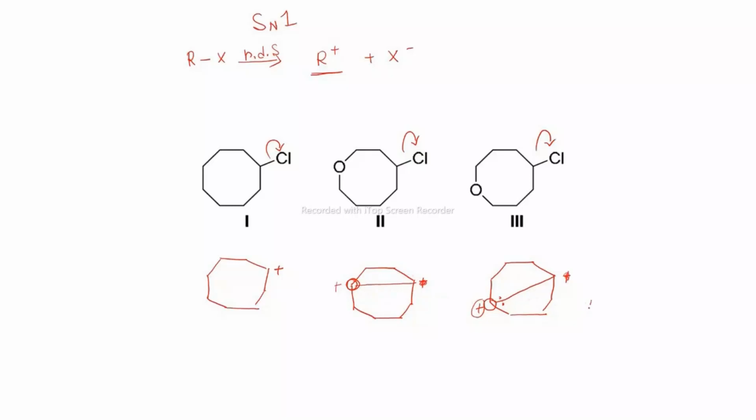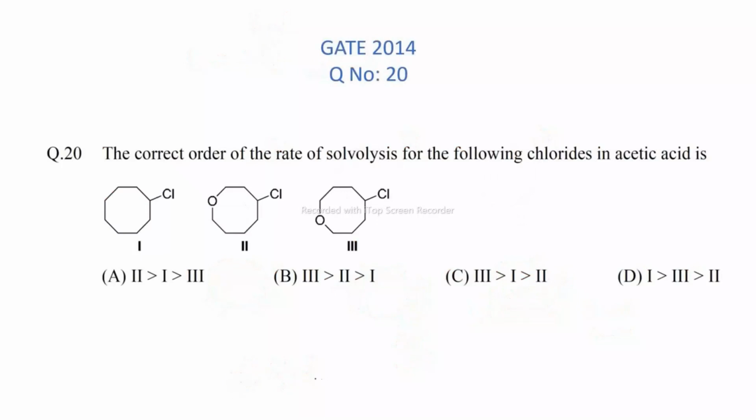It will form a 5,5 member ring, whereas the other forms 6,4. We all know that the symmetrical 5,5 ring should be more stable than 6,4, and in the first case no participation will be there. So we can say that 3 will react faster than 2, than 1. So our correct option will be option B.